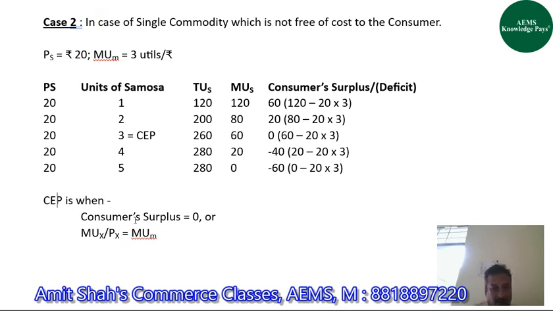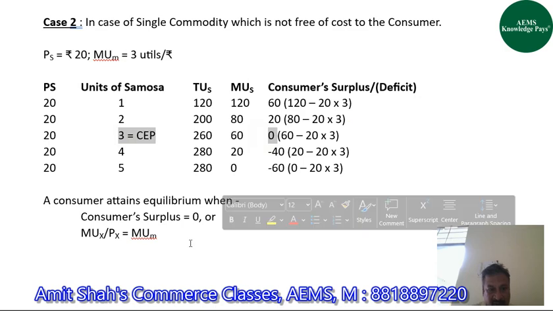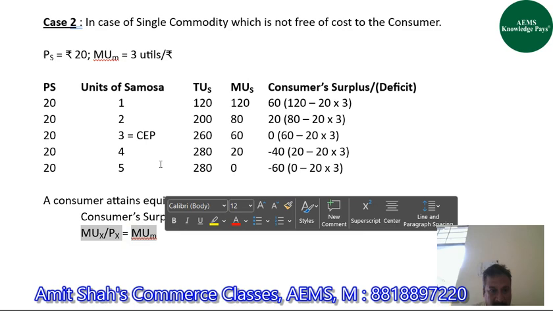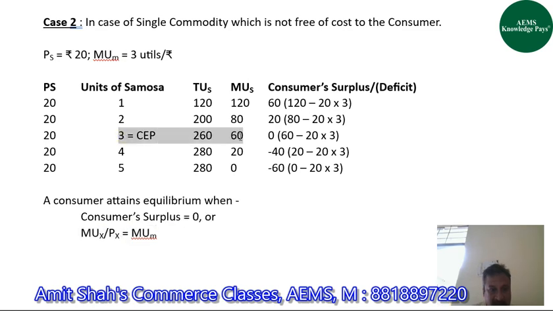A consumer attains equilibrium when consumer surplus is zero, as it is here, and that is why there are three samosas as CP, or when MUX upon PX is equal to MUM. The same thing is happening here, guys.